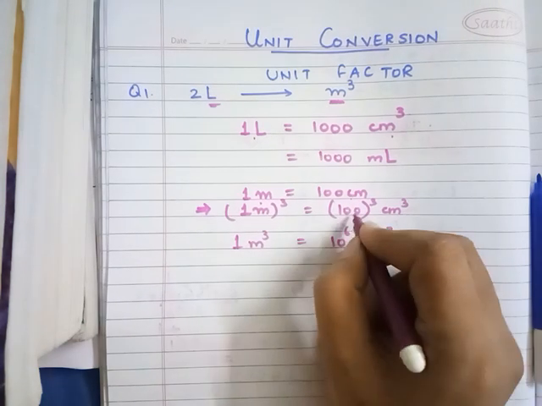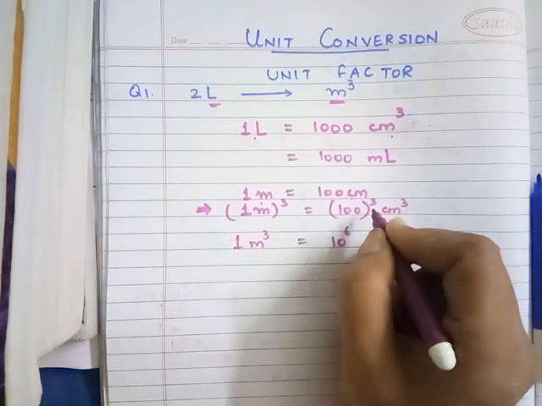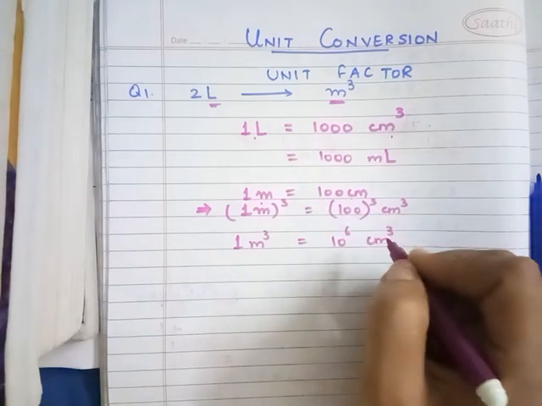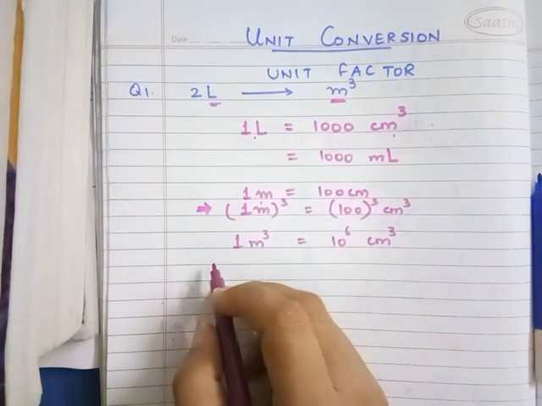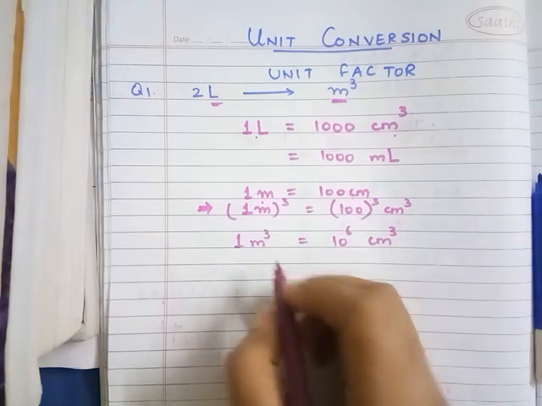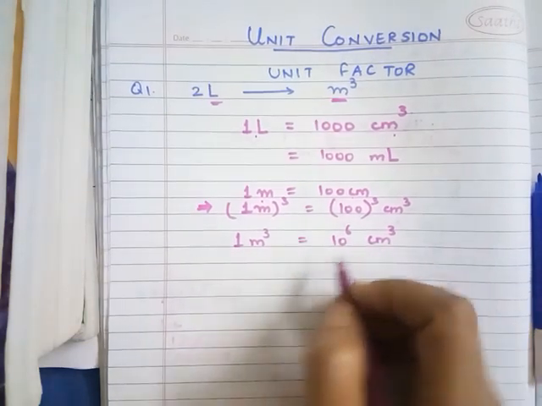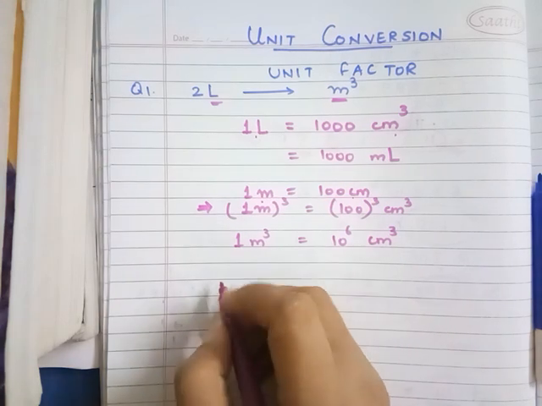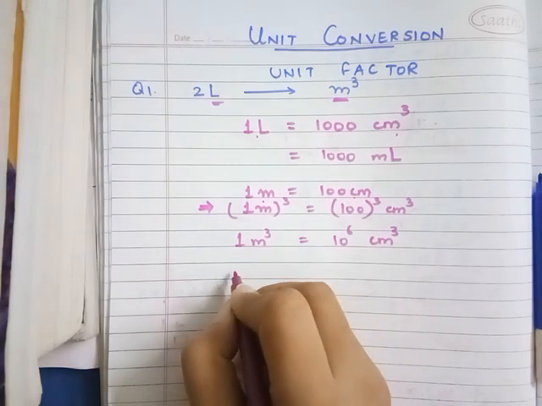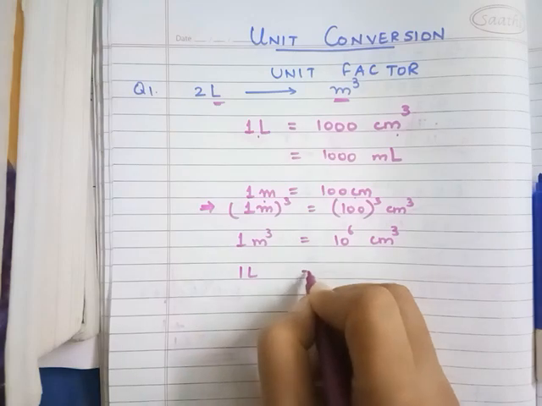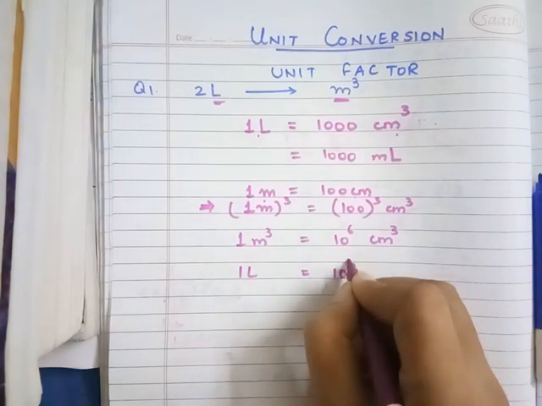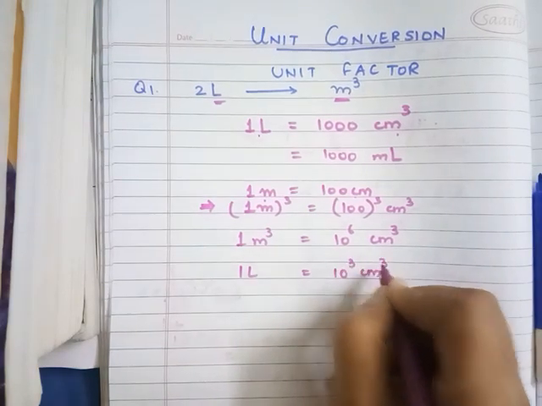Is this clear? 100 can be written as 10 to the power 2. Fine. Also, 1 liter is equal to 10 to the power 3 centimeter cube.